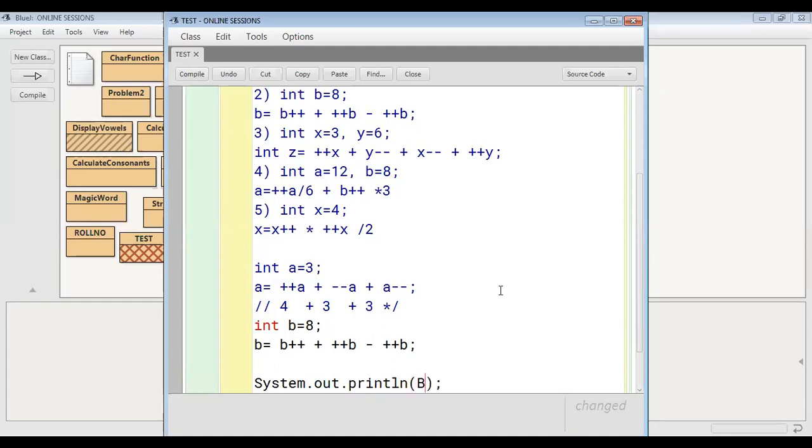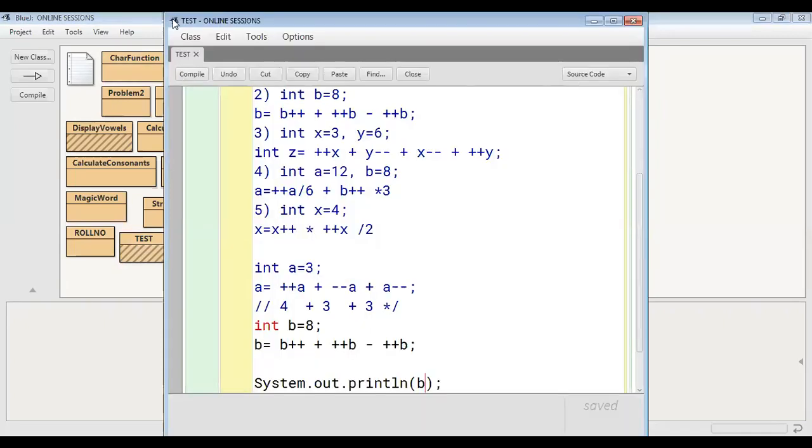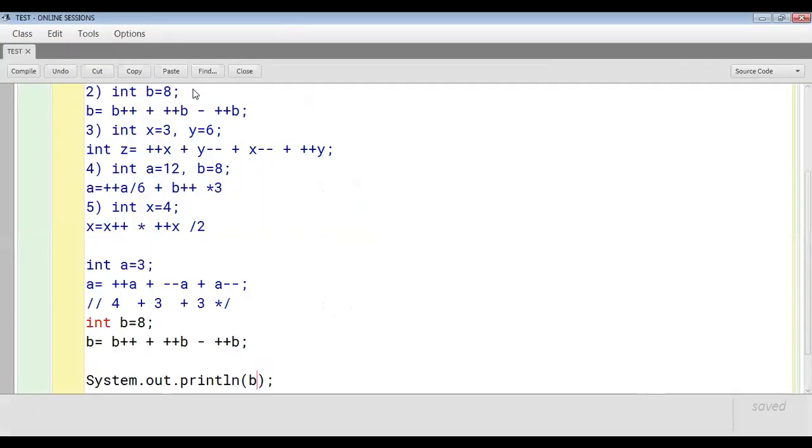Type your answers in the chat box. Seven, 9. Okay, very good. I got two different answers.